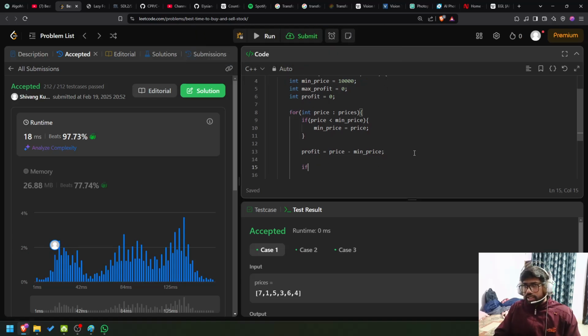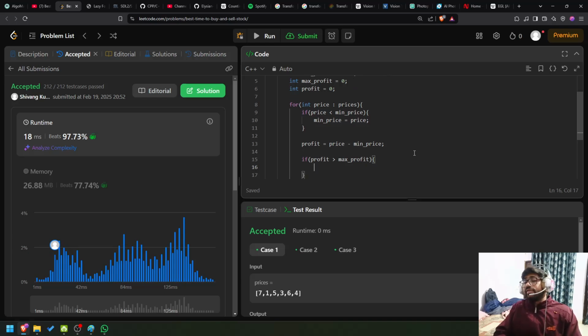Then if profit is greater than max profit, then we update the max profit equals to profit.